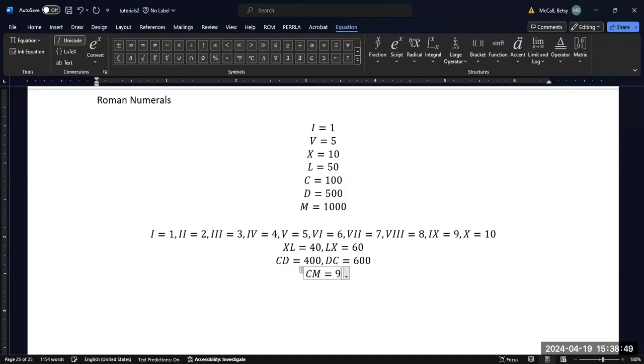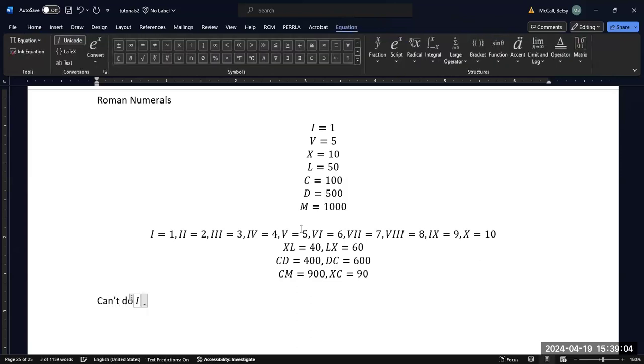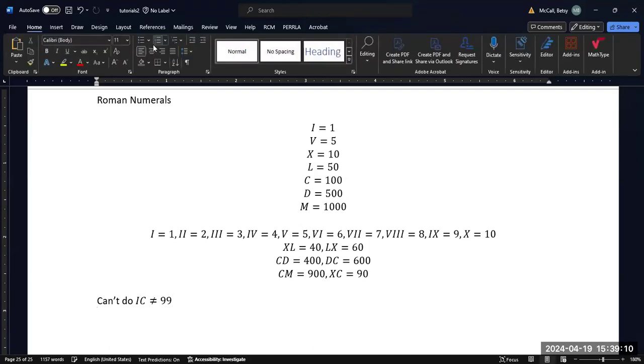CM is 900. 100 less than 1,000, I can do that. XC is 90. But I can't do IC to be 99. That's not allowed.